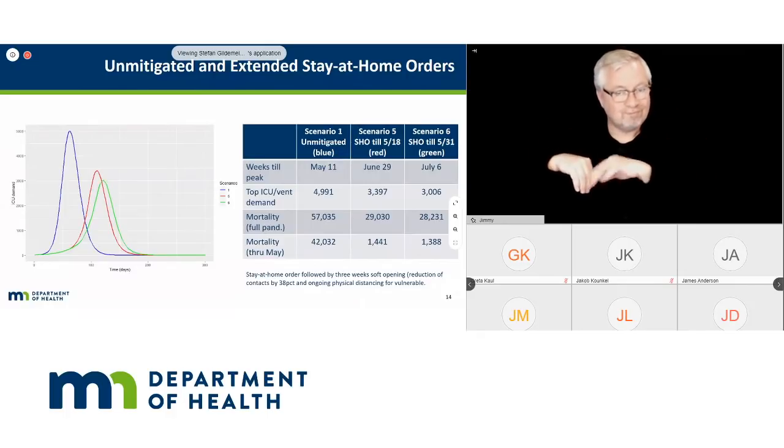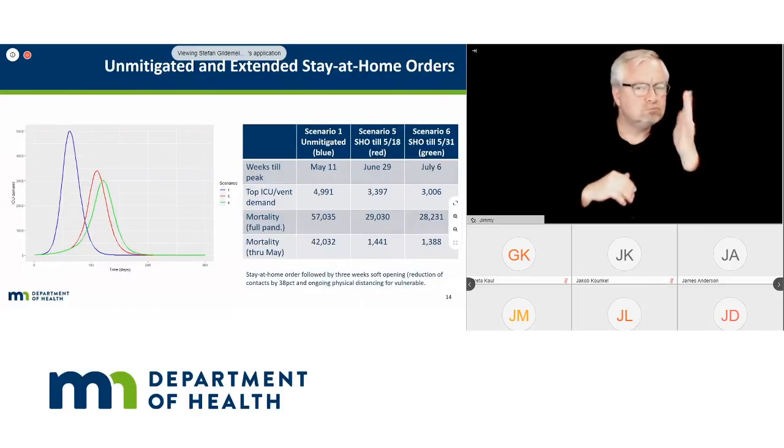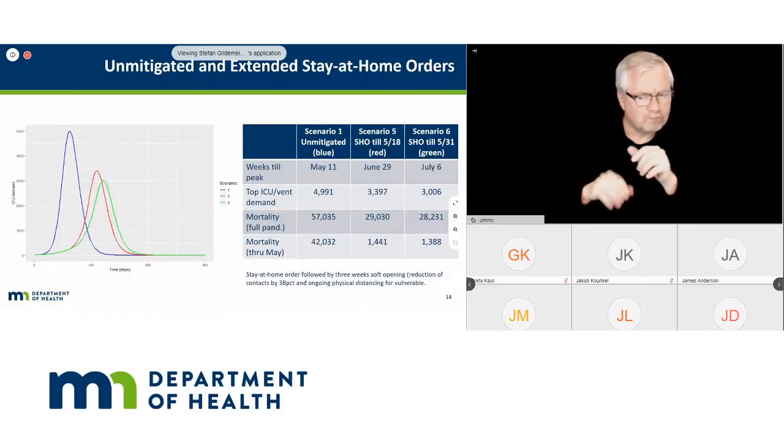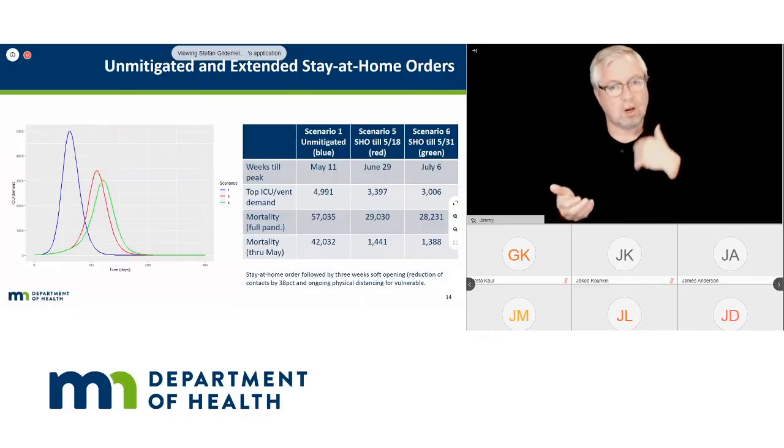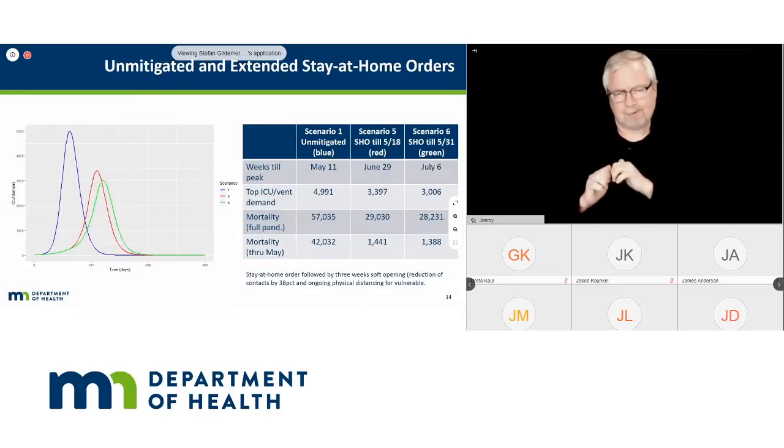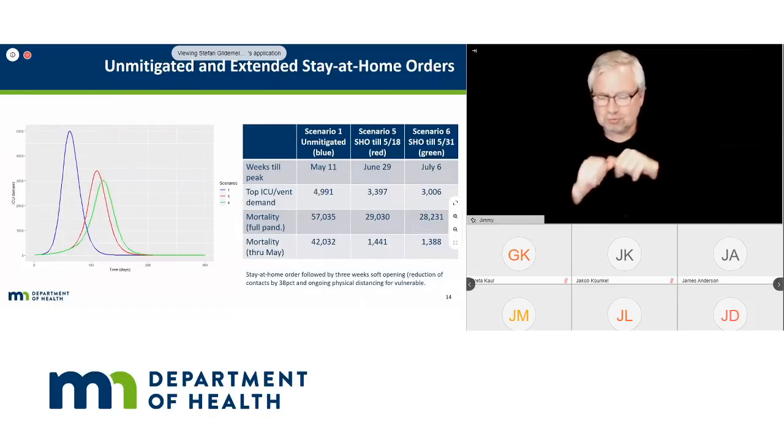I'm anticipating the question, why did we choose these scenarios? Who asked us to model these scenarios? The way I would answer that question is to remind us again what the model is about. Why are we modeling in the first place?